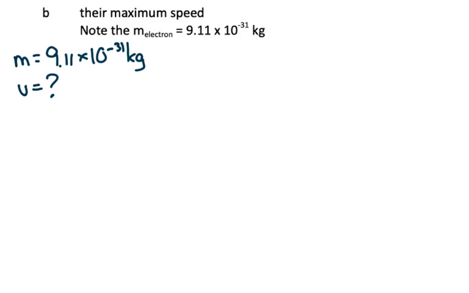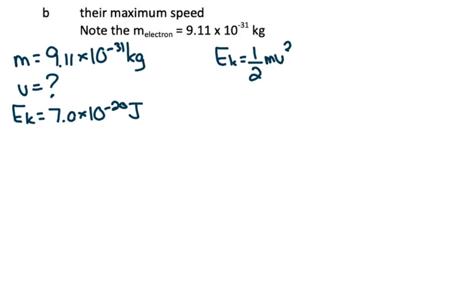The only other piece of information that we have that's useful is the kinetic energy that we just calculated. And based on this, we can go back to one of those equations we looked at when we were dealing with energy in Unit 3, and that's EK equals 1/2 mv squared. We talked about it in terms of macroscopic or large objects, but it works for things that are the size of an electron as well.